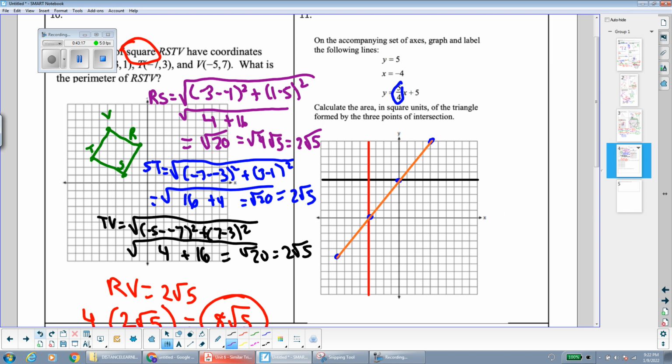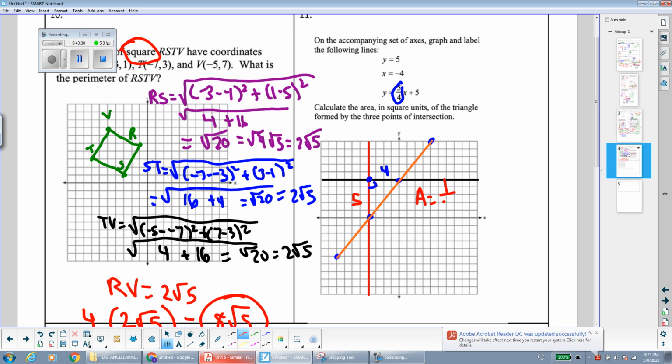So I'm going to get rid of the yellow so we could see better, so we don't mess this up. I think it's better if I just outline the intersection point. So the base is 4. You don't want to confuse that for 5, and it's a right triangle. And the height is 5.